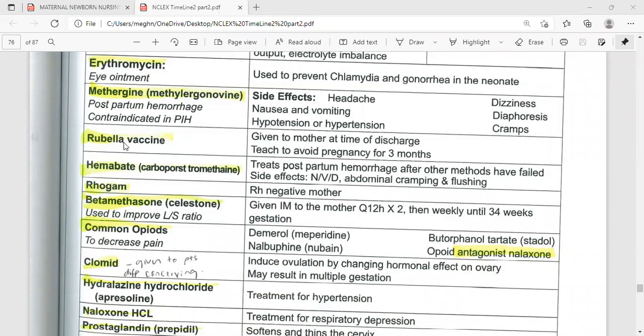So keep it in mind. Rubella is also called German measles. Rubella is a disease caused by a virus that is spread easily by coughing or sneezing.